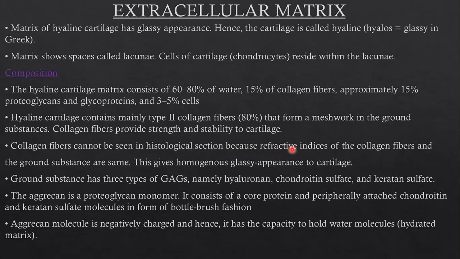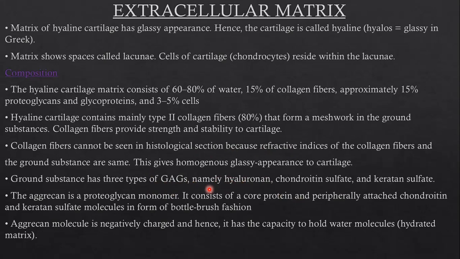Now, ground substance has 3 types of glycosaminoglycans. The other name for glycosaminoglycans is acid mucopolysaccharides. Hyaluron, chondroitin sulfate, and keratan sulfate are the main glycosaminoglycans. Now, the aggrecan, please note this.